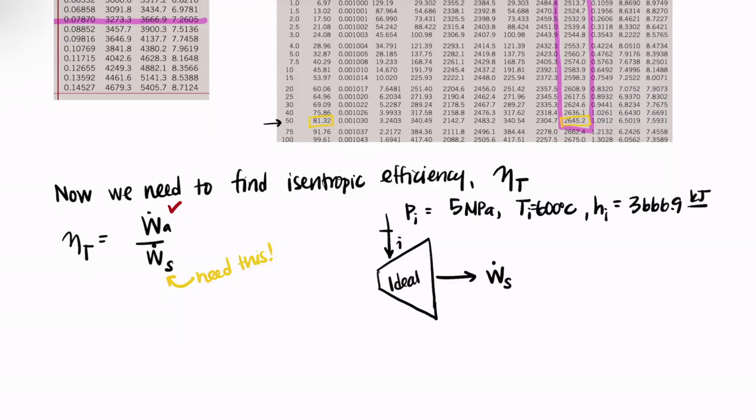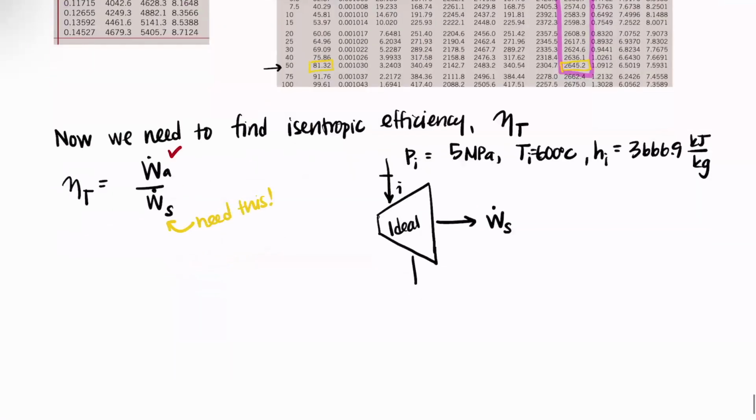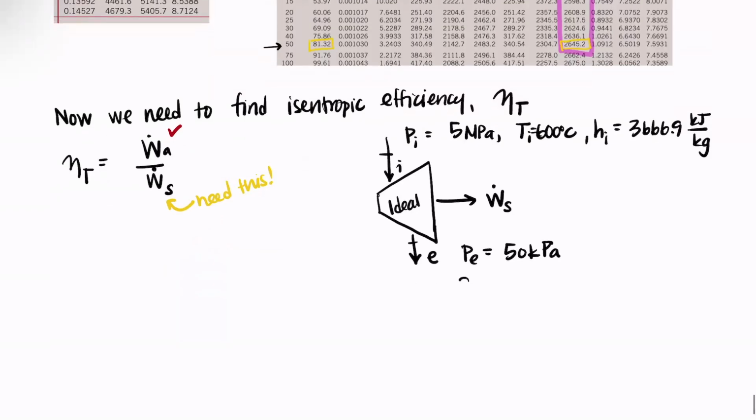In these problems, our inlet conditions are always the same for actual versus ideal, but the exit is where it changes. Our exit still has the same pressure, so we maintain the 50 kPa pressure, but our entropy at the exit has to be the entropy at the inlet, because this is an isentropic process.